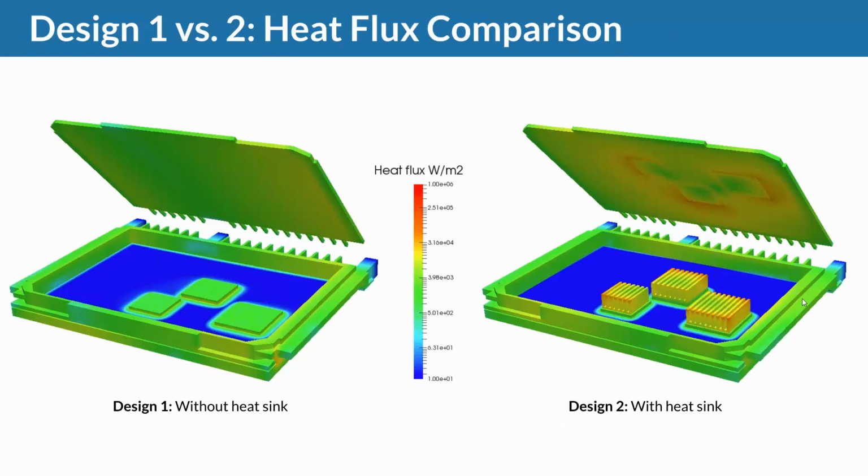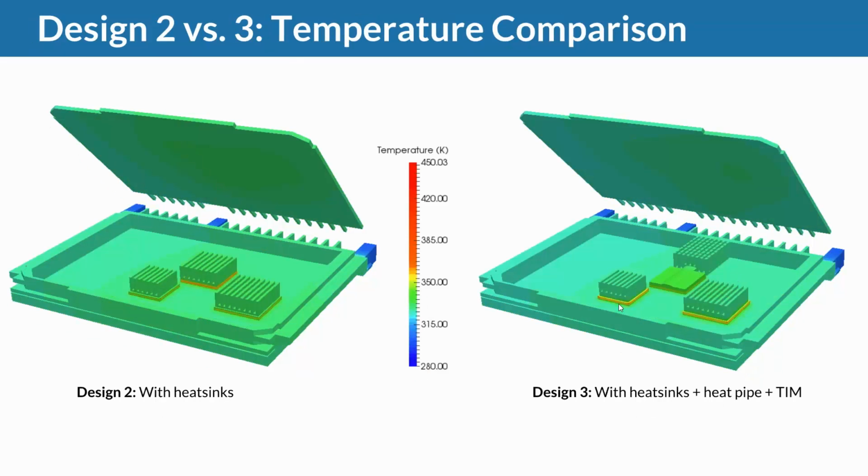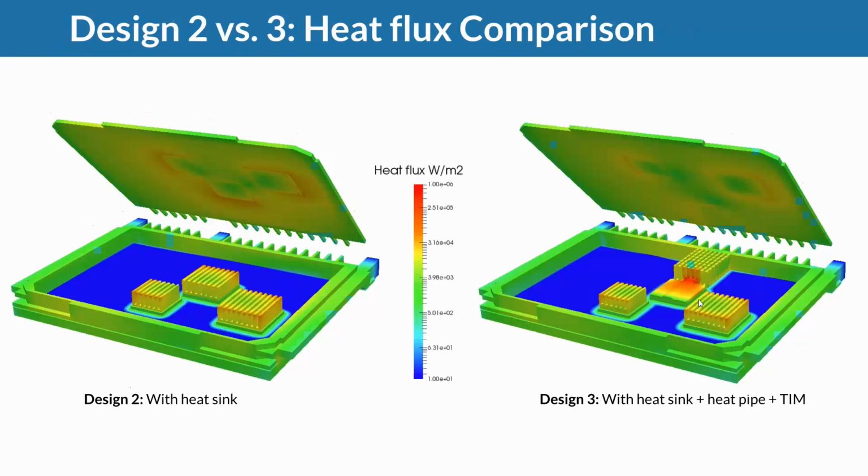Here we can see heat flux. Again, we'll compare design 1 with design 2. We can see that we've increased heat flux. That's what the heat sink does, right? And we can see that the top enclosure is utilized more to get heat faster away from the chips. And then a quick look at design 3, just to do same old, same old. You could now look at many different design versions. And that decreases the temperature slightly, but not a lot.